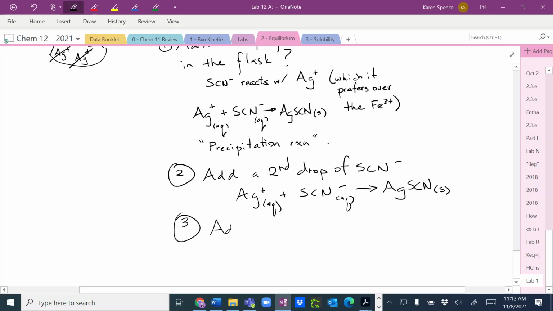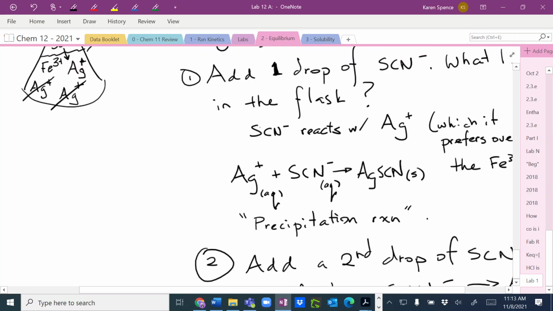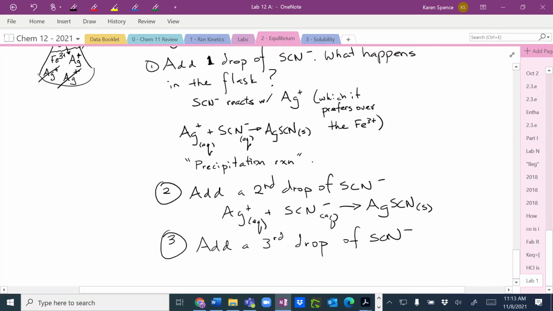Add a third drop. Aren't you glad I only drew 3 silvers? What happens? It reacts with another Ag. Okay?